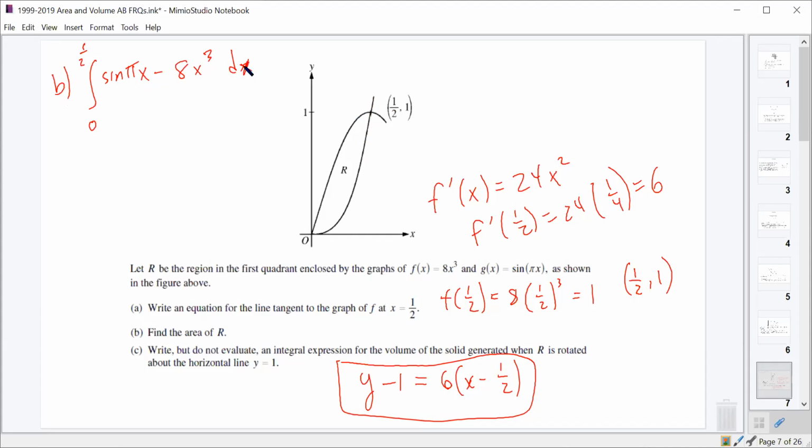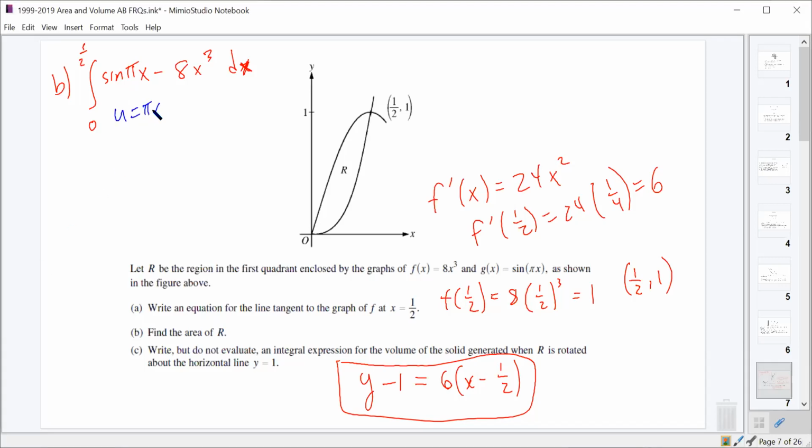Hopefully by this time you've gotten to the point where you can do these u substitutions in your head pretty easily. What is the integral of sine of pi x? Okay, apparently we haven't gotten to that point.